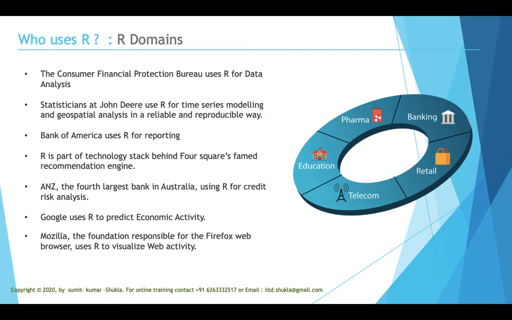R is both a programming and a statistical language, one of the simplest languages to learn, free and open source. Let's see the domains of R. We have banking, pharma, education, telecommunication, retail, that is e-commerce. Nowadays we use R everywhere.